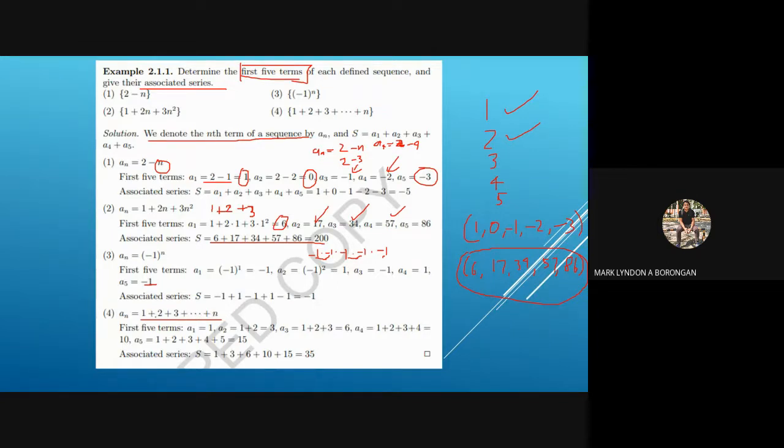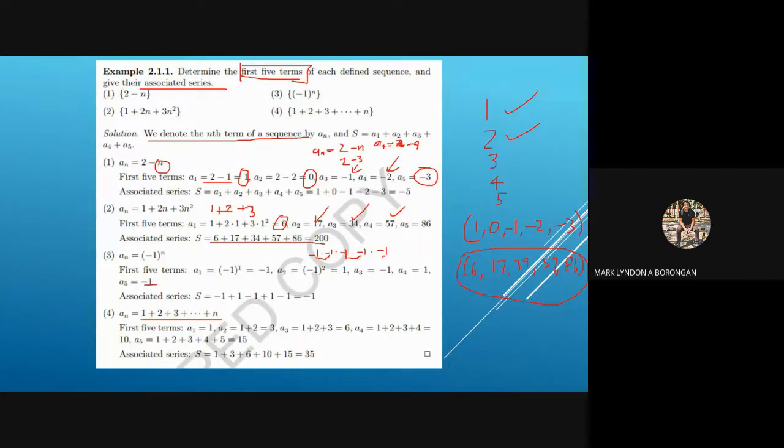But in this case, it is already a series. Since it is a series, what we do is add it to its preceding number.